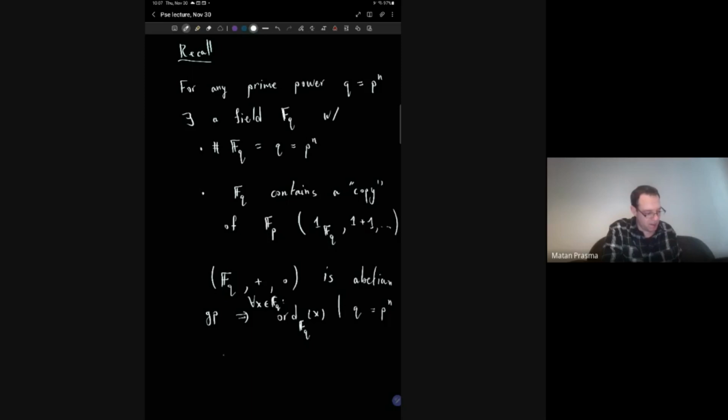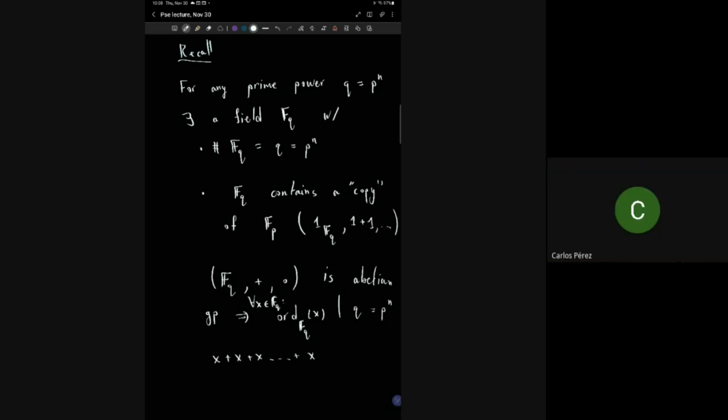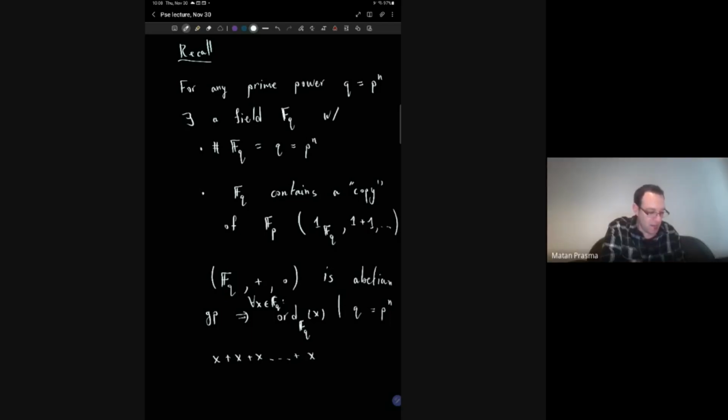So it means that x plus x, at some point it becomes 0, right? It cannot be otherwise. And so the order of x must be p to the k for some k smaller than n, right?